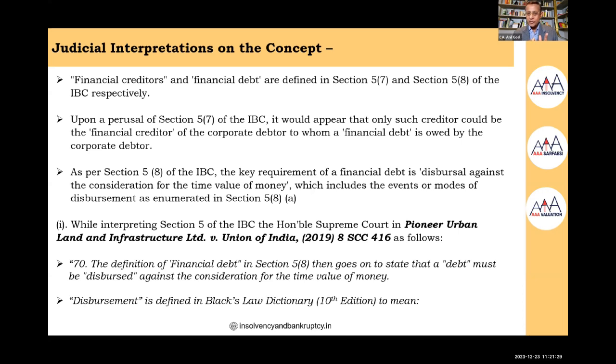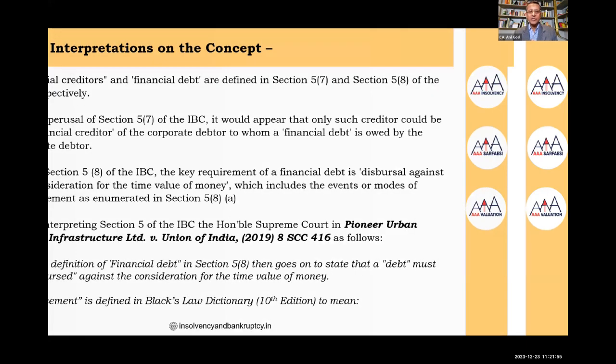Because whatever the financial debt would be, that financial debt would have some time value. When the corporate debtor gives an asset to secure the loan of another entity, there is no disbursement to the corporate debtor and no time value of money for the corporate debtor. That's what this Pioneer Urban judgment is trying to say.